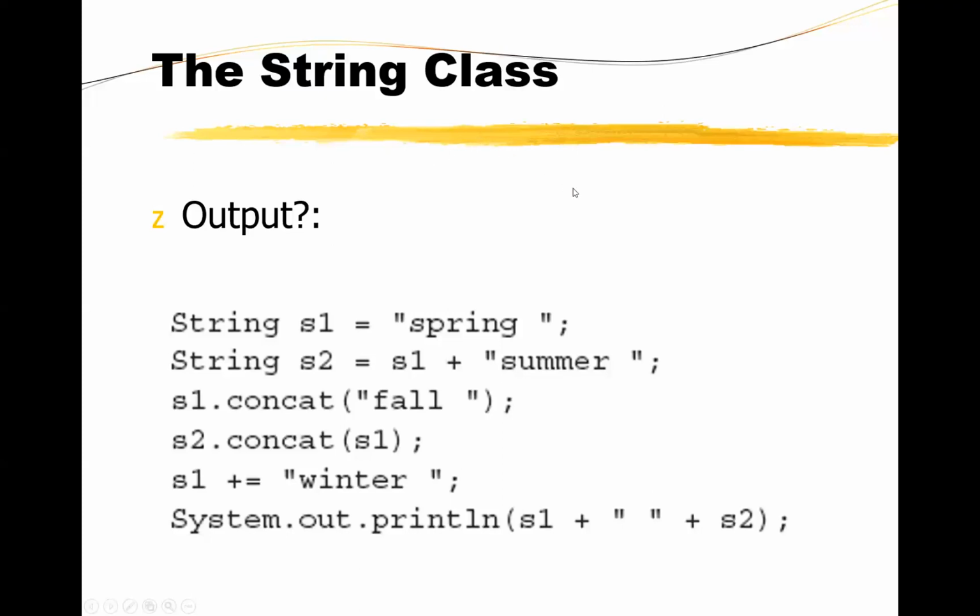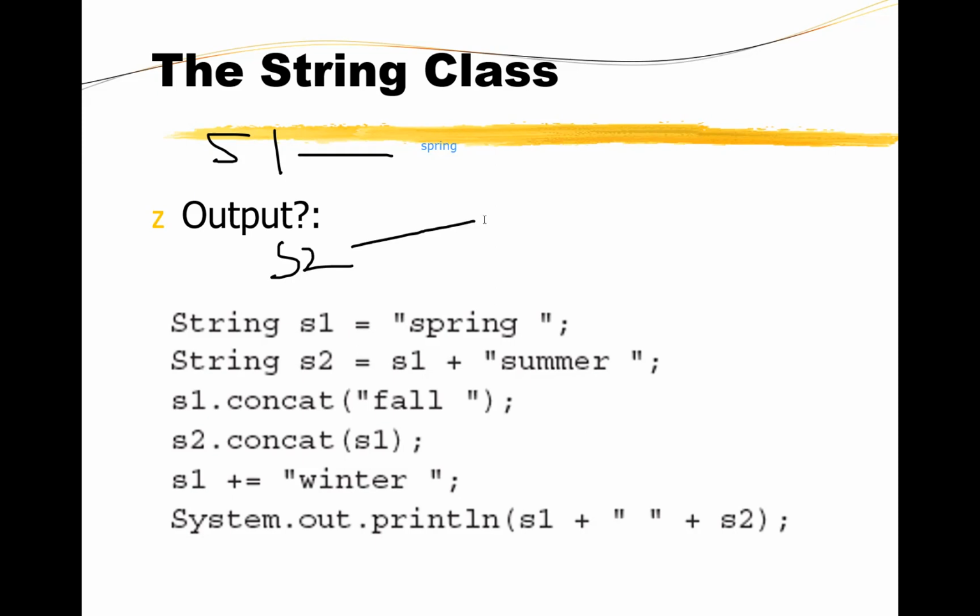Spring, winter, spring, summer. We'll see. Now, what is the reference it's going to get? S1 is referring to spring, and S1 is referring to string, right? And then S2 is referring to what S1 refers to plus summer.